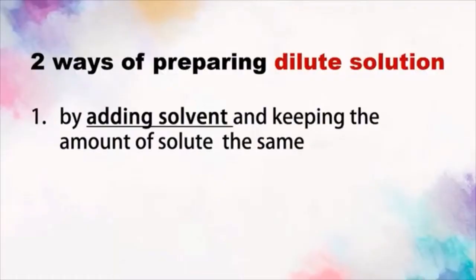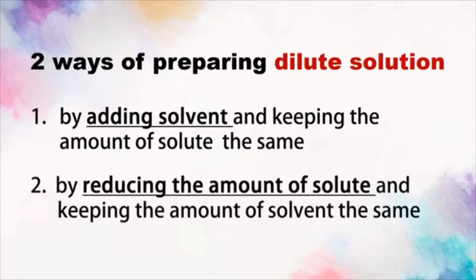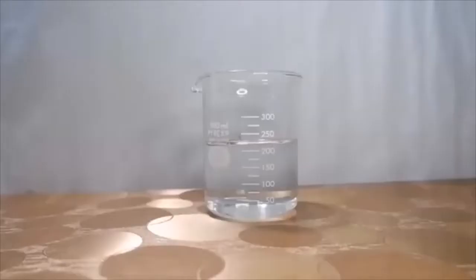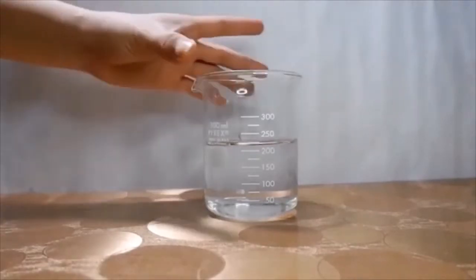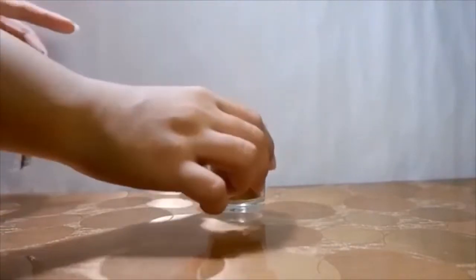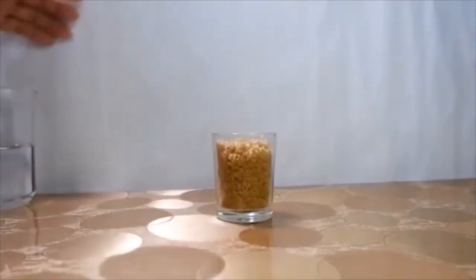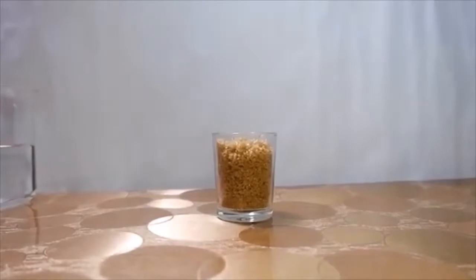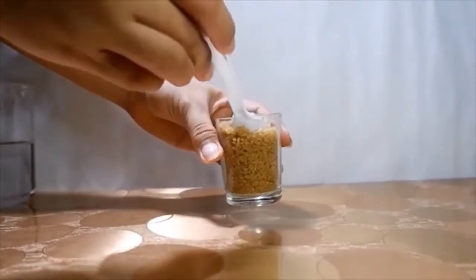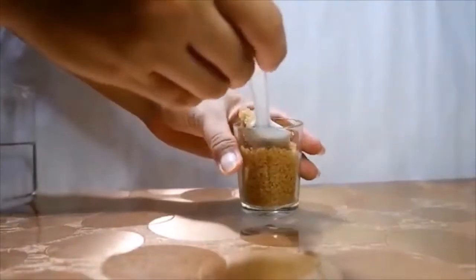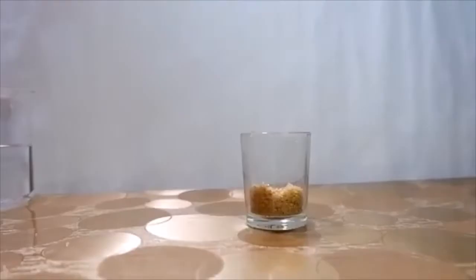The second way of preparing a dilute solution is by reducing the amount of solute and keeping the amount of solvent the same. For example, the actual volume of water is 230 milliliter, and the actual amount of sugar is 1 full of this small glass. If you want to make a dilute solution, you will reduce the amount of sugar and keep the amount of water the same.